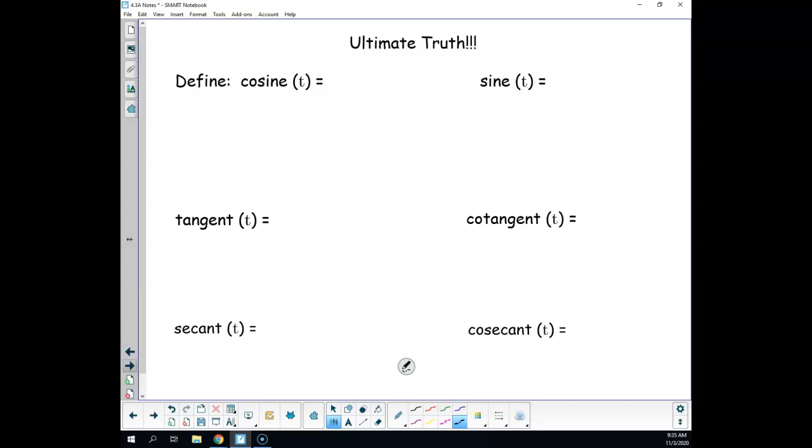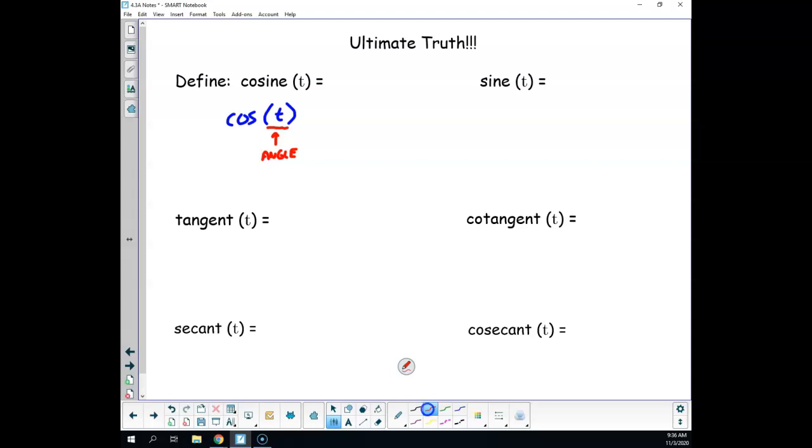Cosine of t. We're dropping some trig functions on you today. So it's cosine, the symbol is COS, and this part in here is your angle, because this is a trig function, and remember the inputs of a trig function are angle measures.